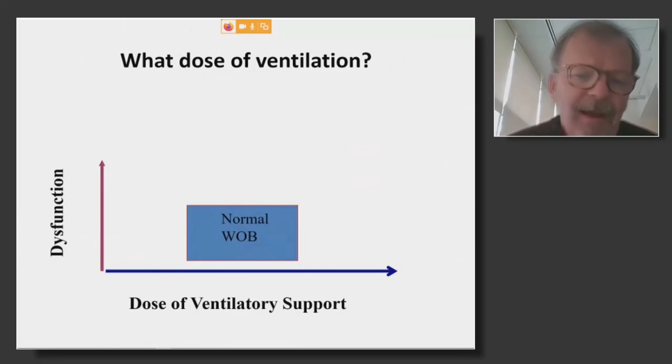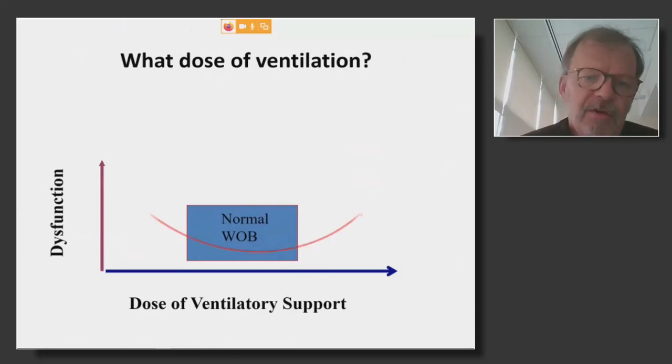This is a schematic description of what we expect when the patient is on assisted ventilation. We expect that he has a normal work of breathing, because on the two ends of this curve, there is something which will go wrong.